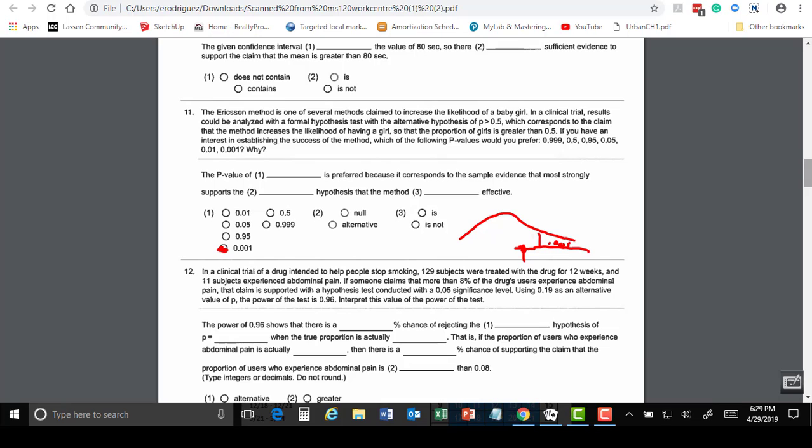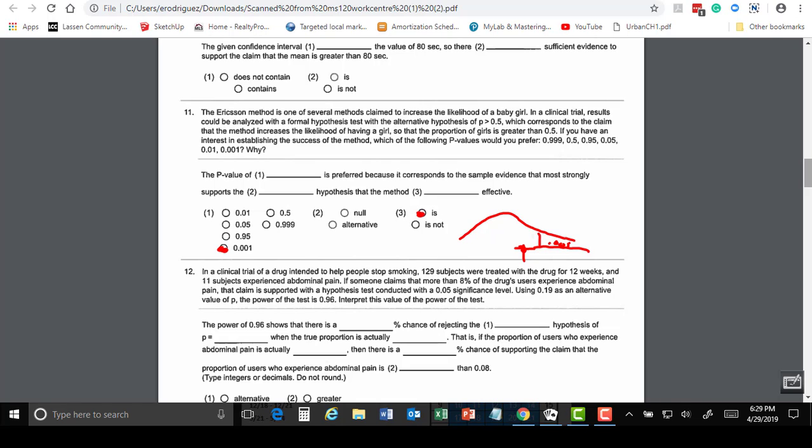Now, the alternative was this. And so, in essence, we're accepting that there's no difference, or there is a difference, because it's hitting over here.